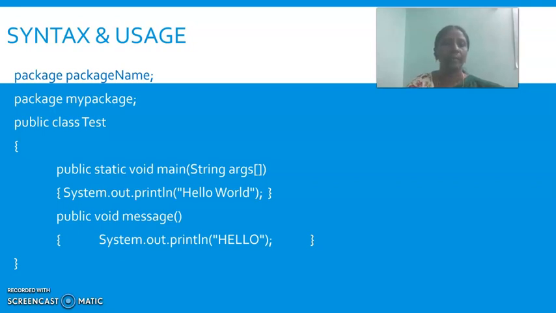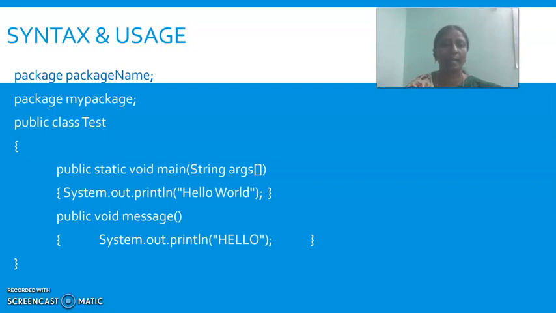You can see here from the first statement, we have package. That is the keyword we use to define a package. Package name is the name we give to that particular package. So package mypackage: here package is the keyword and mypackage is my package name. Inside that I have public class Test, the class we are going to use.